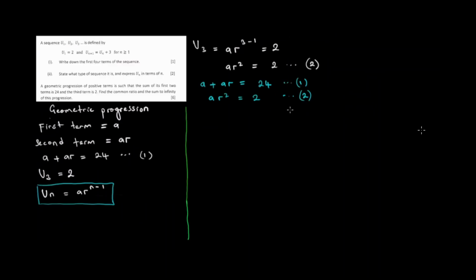Now that we have these two equations, a plus ar is equal to 24, na ar squared is equal to 2, we are going to solve the two equations simultaneously. Saka tichada kushandisa a method of solving simultaneous equations, which I call the method of equivalence. Yatinozoshandisa a law of logic, which is called transitivity.